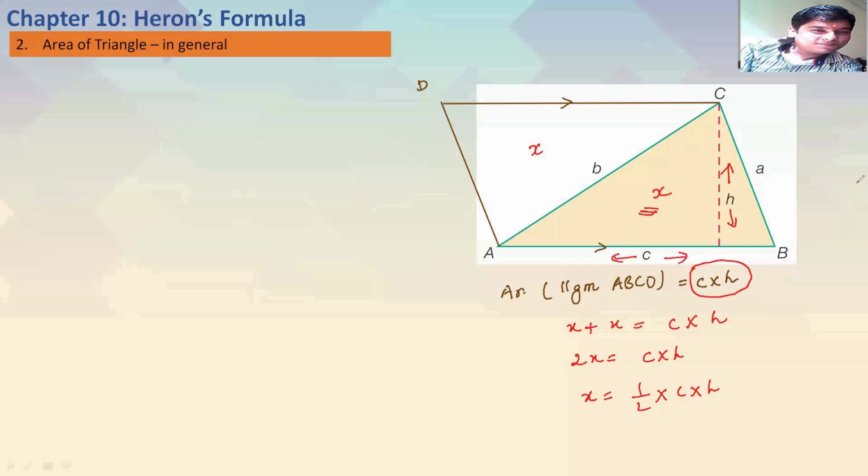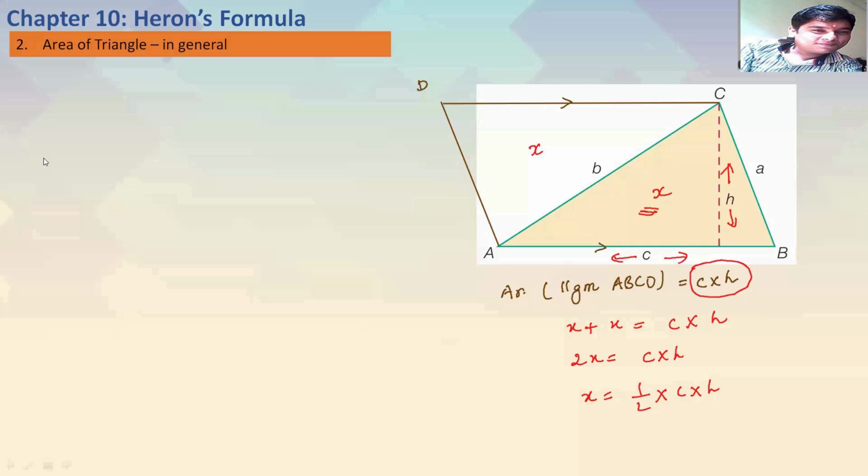Do we have a special formula for an isosceles triangle? Will it become half into length into breadth? Where are length and breadth here?